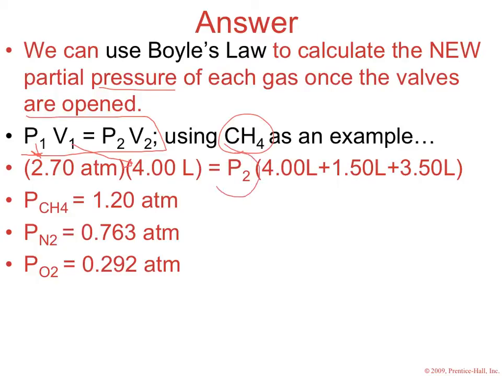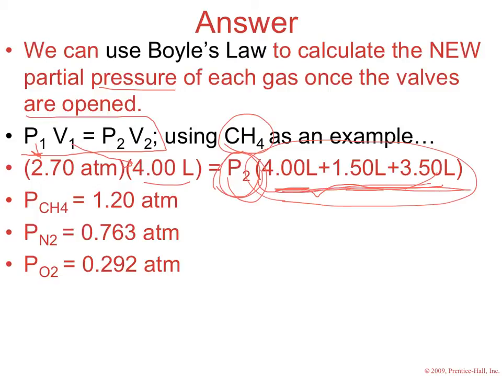We're solving for, as the problem asks us to, the new pressure of methane once the valves are open. Once the valves are open, it's no longer a 4-liter container. The gas has access to all 3 of those open containers, and so we have to add together the total volume. When we solve for the new pressure of methane, CH4, when it has access to this much increased volume, we get that its new pressure is 1.2 atmospheres.